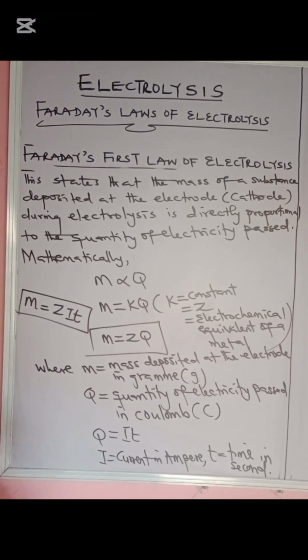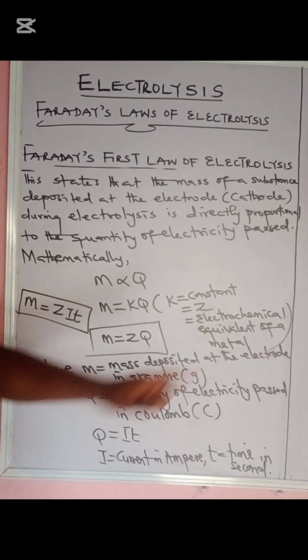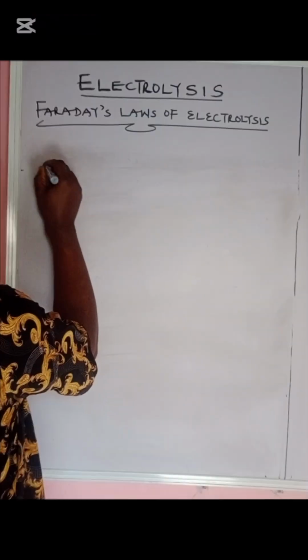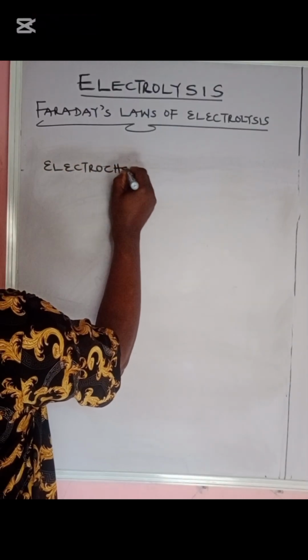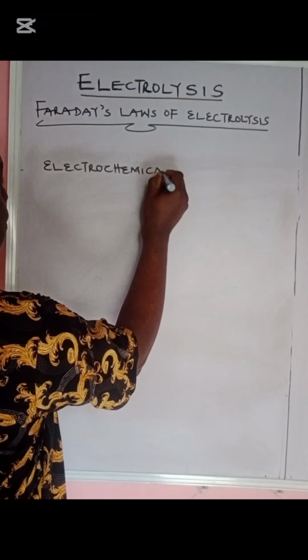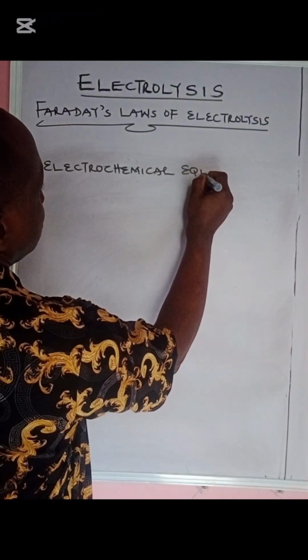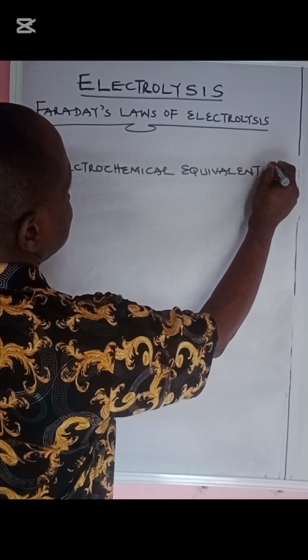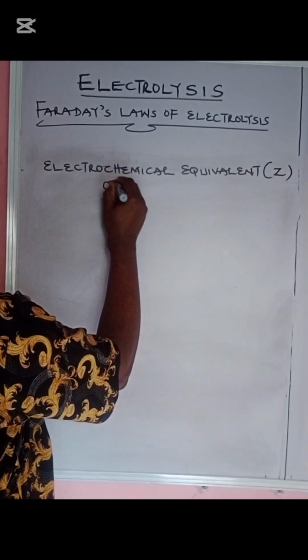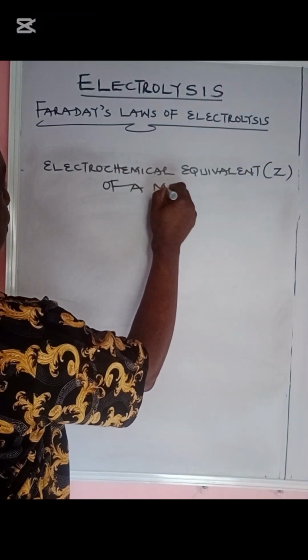So let's see the meaning of electrochemical equivalent, that is Z of a metal.